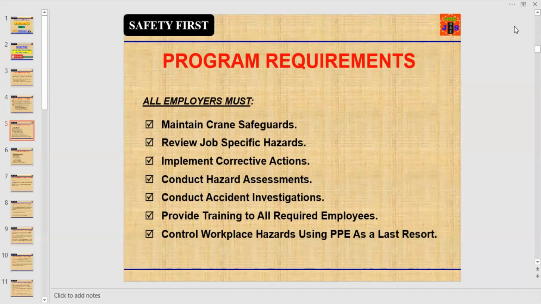All employers must maintain crane safeguards, review job-specific hazards, implement corrective action, conduct hazard assessments, conduct accident investigations, provide training to all required employees, and control workplace hazards by using personal protective equipment as a last resort.